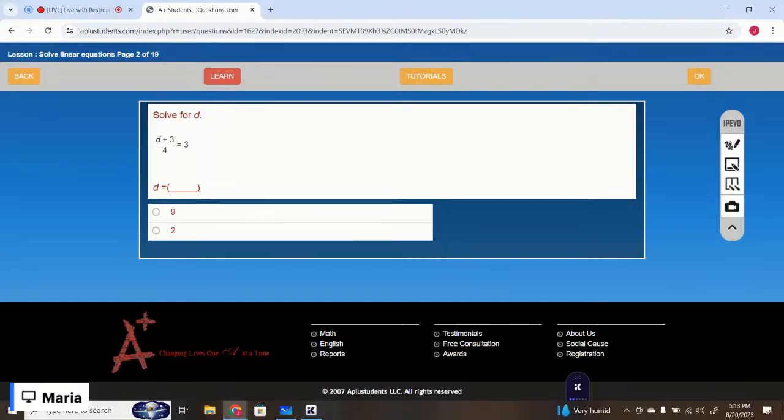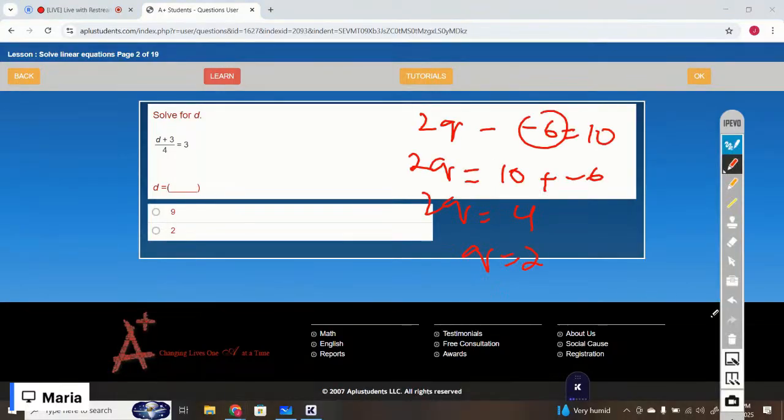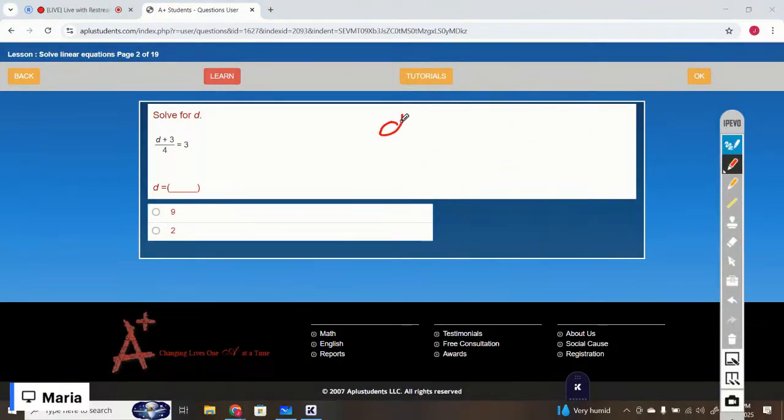Solve for d plus 3 over 4 equals 3. d plus 3 equals 4 times 3. d plus 3 equals 12. So d equals 12 minus 3.